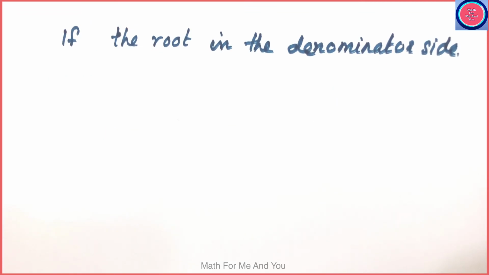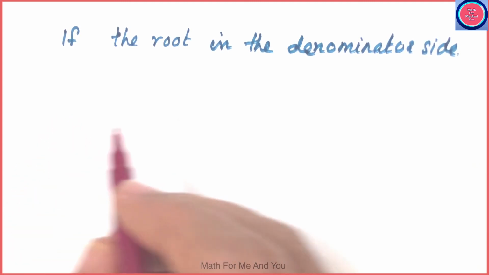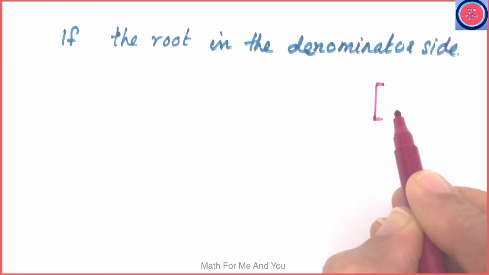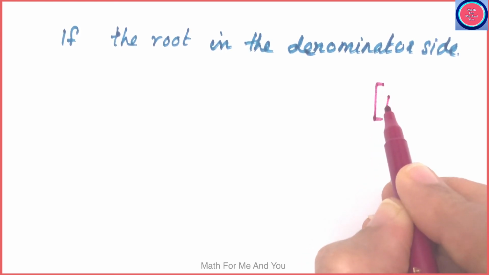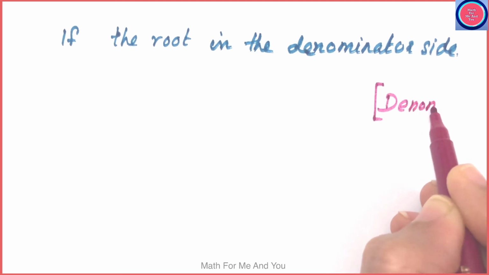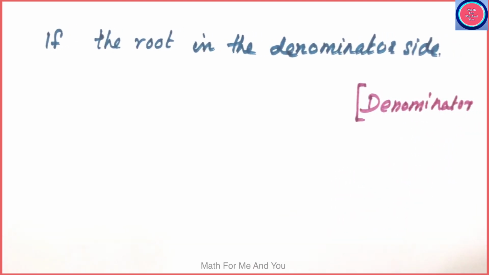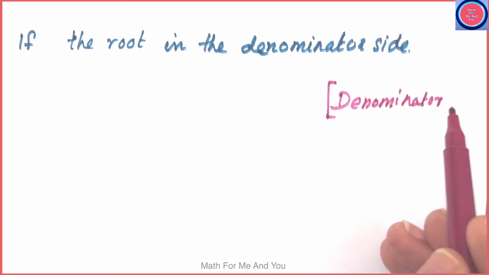Okay, next with the root there is another type of question we may get. If the root is in the denominator side, if a function is in fraction form with the root in the denominator, then what will we do? If it is a fraction, we have to consider the condition denominator not equal to 0.